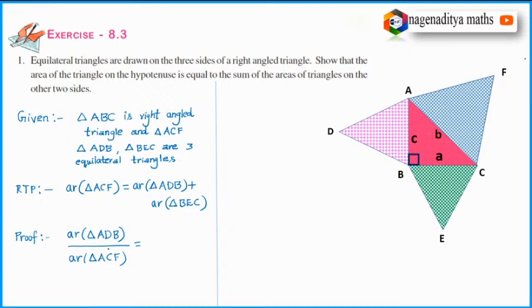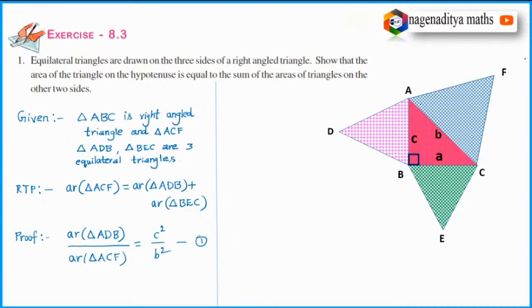Therefore, the ratio of areas of these two triangles must be equal to the ratio of squares of corresponding sides. So in ACF, if you take the corresponding side B, and in ADB if you take the corresponding side C, so that means C square by B square. Okay, so this is let it be 1.